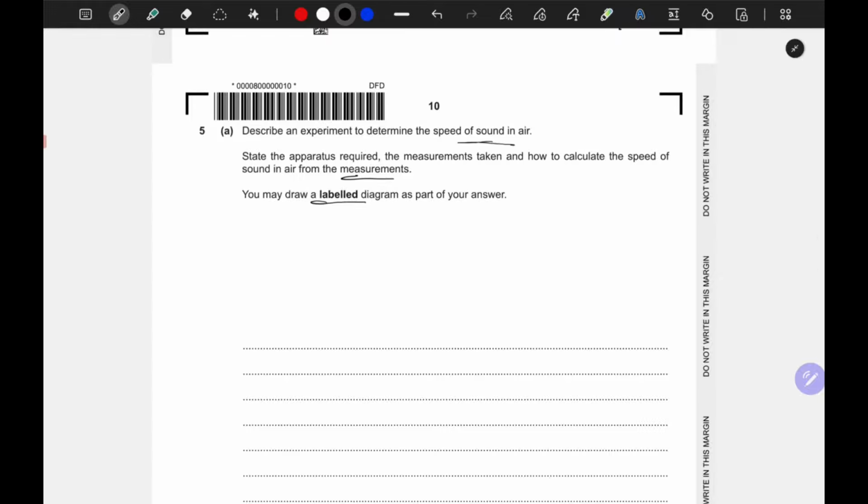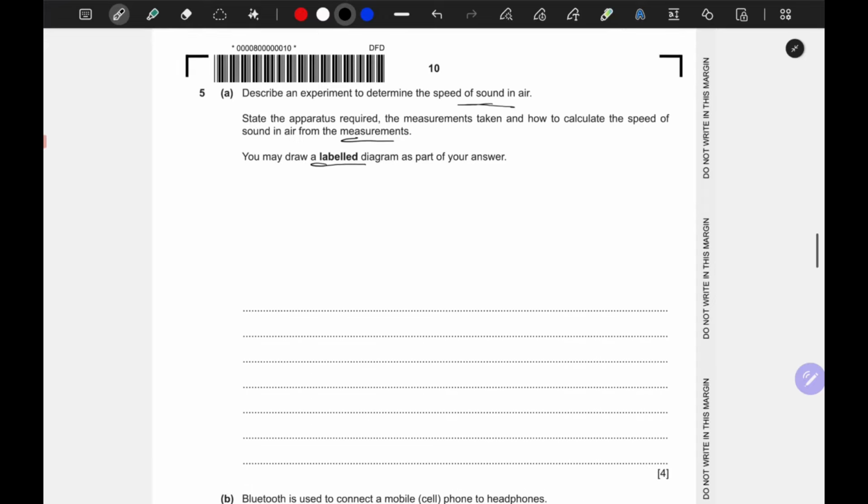Okay, so we can use different methods. Let's try using the echo method. To use the echo method, we need a stopwatch and someone to clap to produce a sound. You can use any way to produce a sound. So let me draw the diagram first.